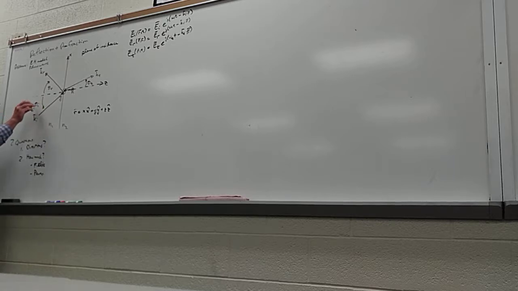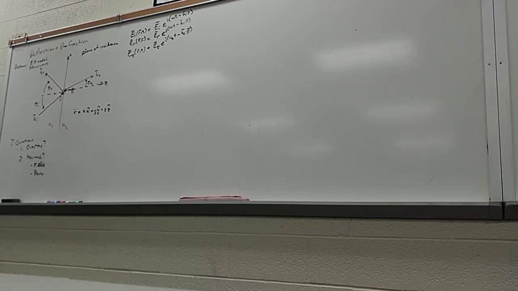So E_I is somewhere in this plane, right? And likewise, E_R is somewhere in this plane, and E_T is somewhere in that plane. So that's all we know, because we haven't specified anything else. And what we want is, for each of these, what's the component of the electric field that's in this plane?